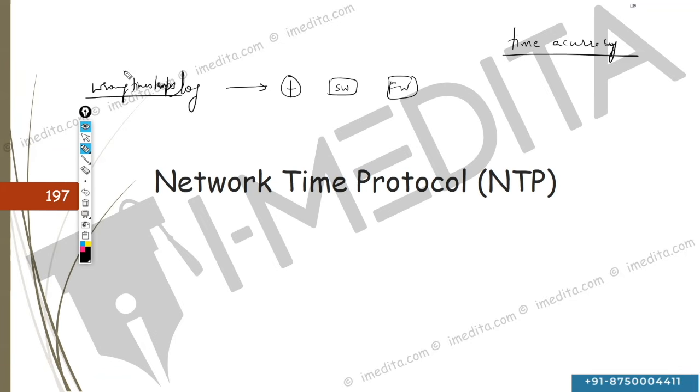Because if there is a wrong timestamp, it will not allow me to judge what happened when in the router. So the accuracy of time is very, very important. And apart from that, there are many other things that require time.